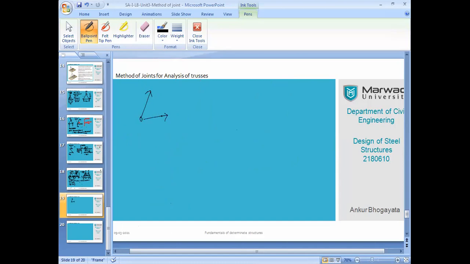Joint A. What is the name of this force? You tell me. FAD. This is FAB. This is the reaction of 15 Newton, and this is joint A. We also have this angle of 60 degree.